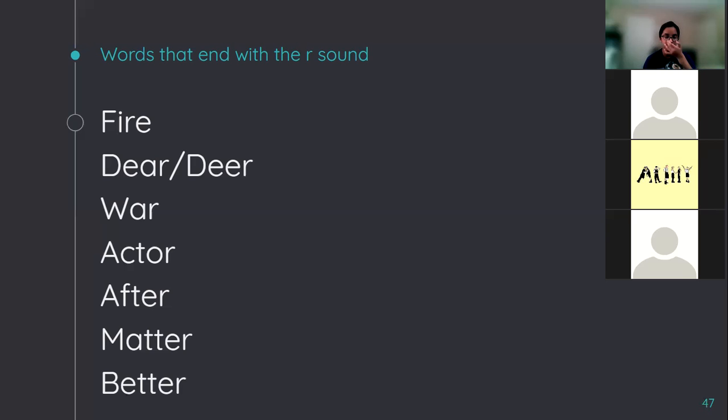And the next two actually follow your T rules, but they also have the R rule. The T's are surrounded by the A and the E, so that means it's going to make a D sound. But it also has an R at the end. So you would say this as matter.